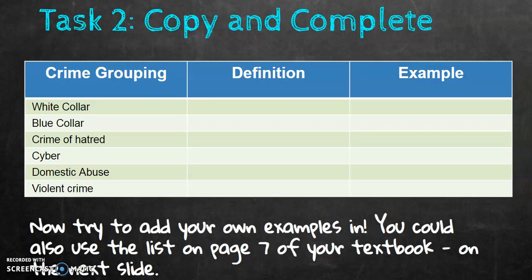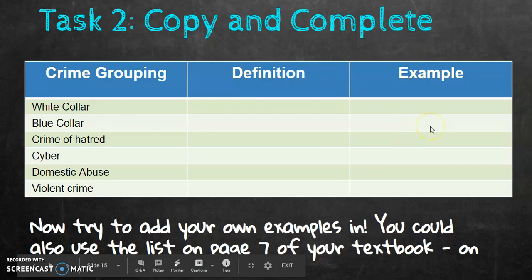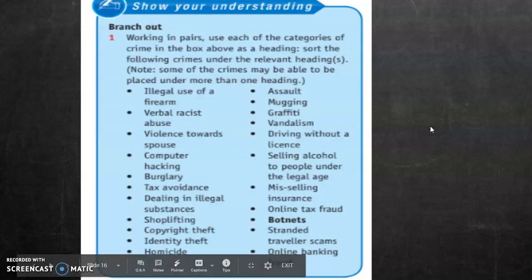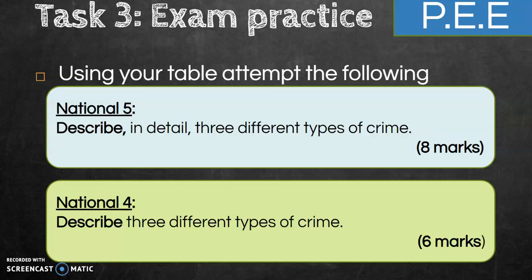You should have filled out this table, given me a definition of each of the 6 different sorts of crime, and given an example for each. You could use this table if you need to, and you should have completed this P question, either the 8 mark National 5 one, 3 point explain examples, or the National 4 one, 3 point explains. And that is your lesson on the different types and categories of crime.